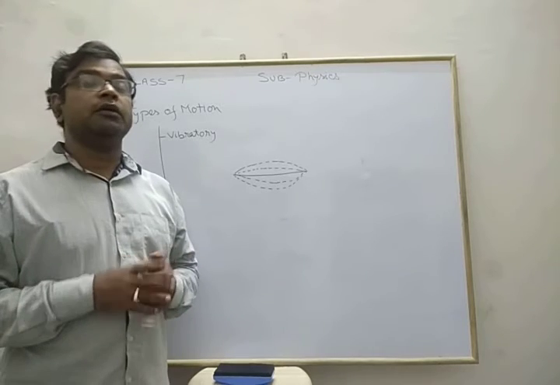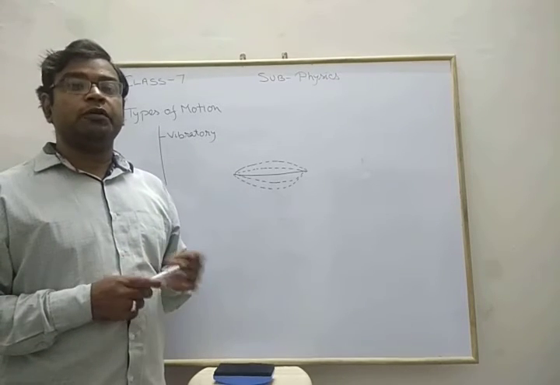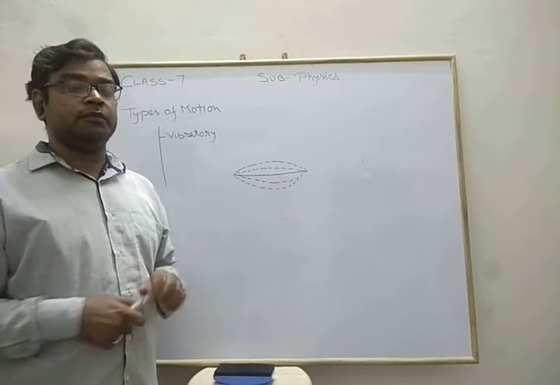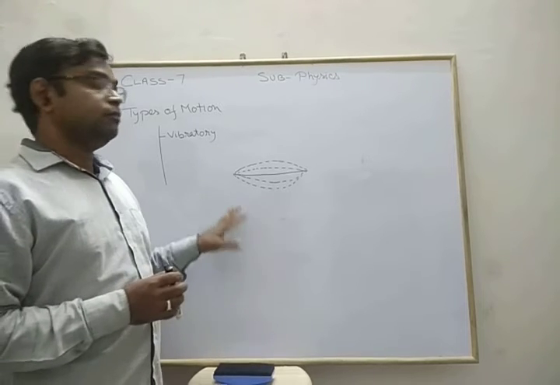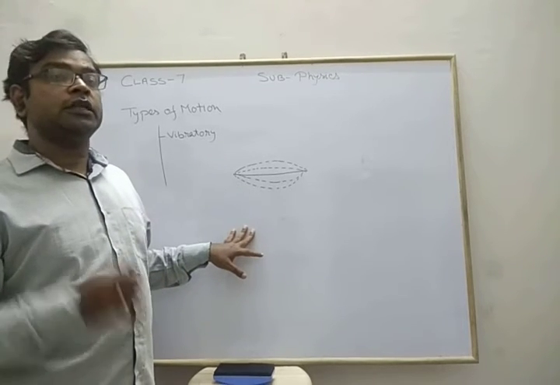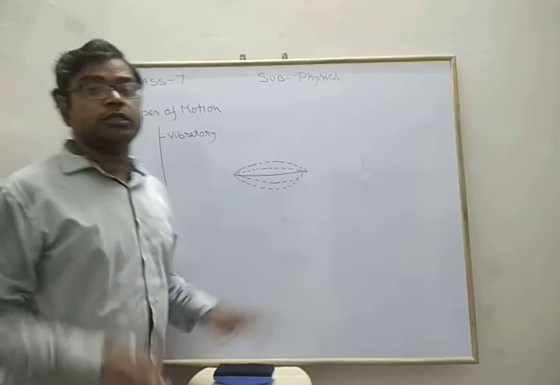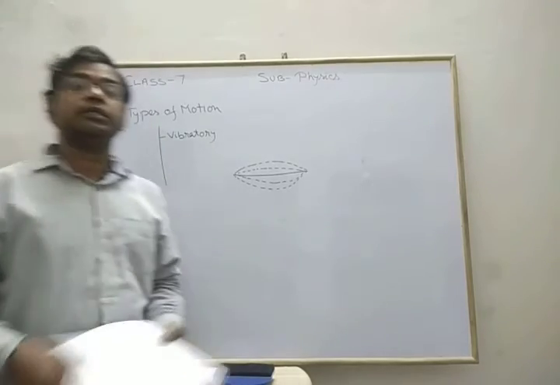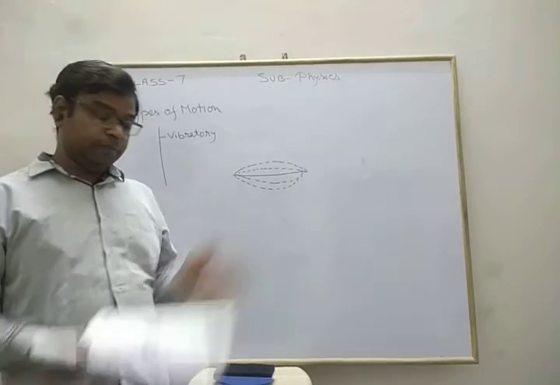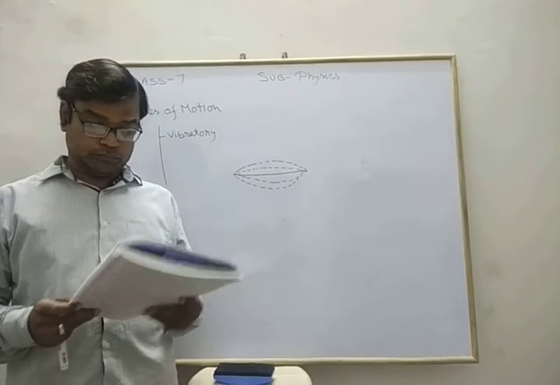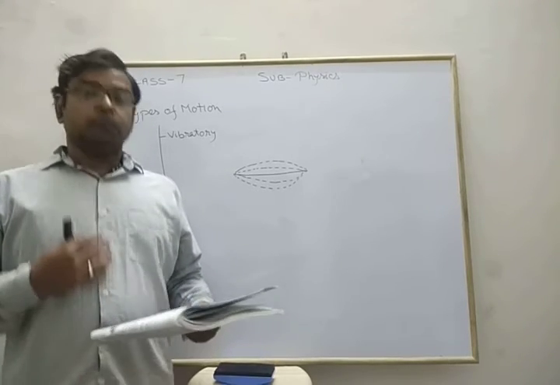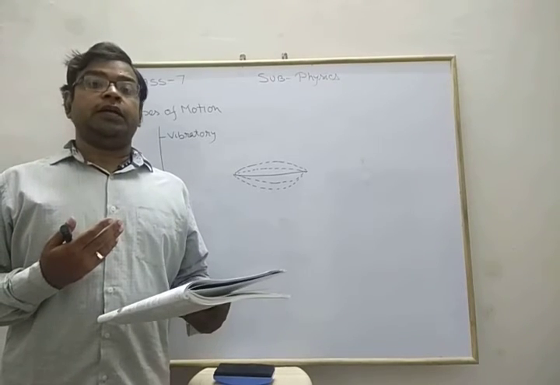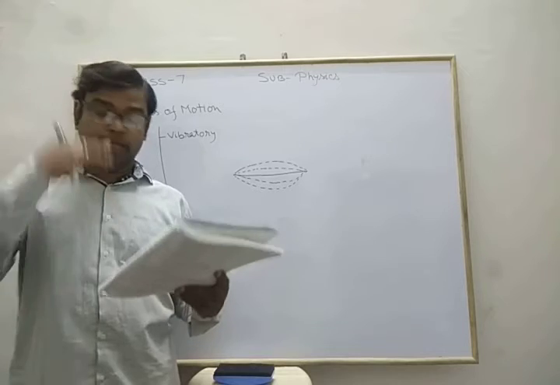For example, when we play a big drum and hit it at the middle, that part vibrates more than the outer part. This is an example of vibratory motion. When we breathe, what happens? First we inhale, then we exhale.